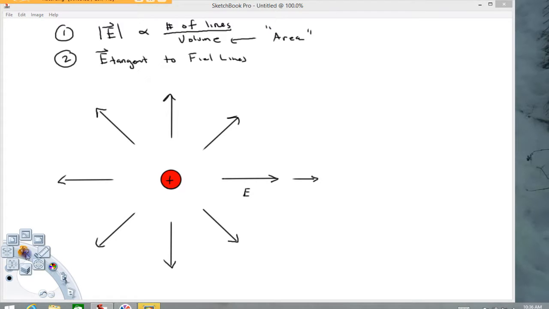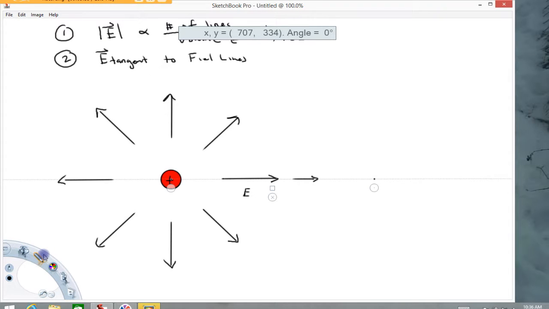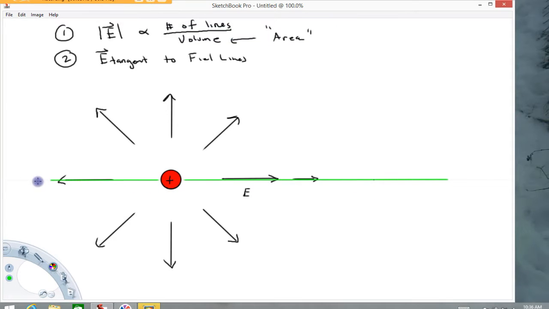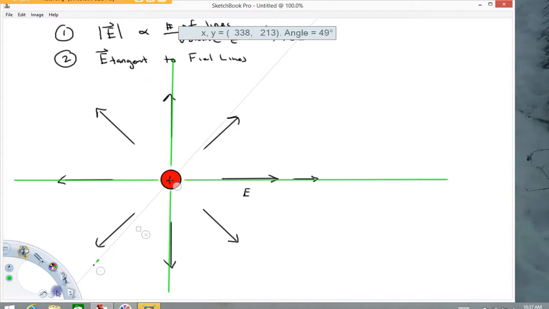Now, these are electric field vectors. What do the lines look like? I'm going to go ahead and draw them in green. I'm going to offset that just a tad here. The electric field lines are lines that, in this example, would radiate outward. Again, they don't have to line up directly with these electric fields.